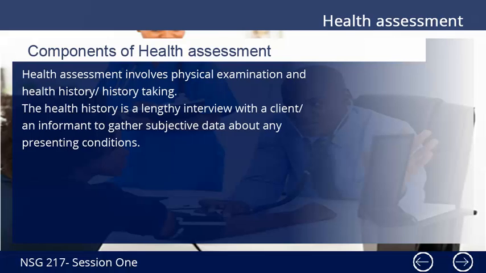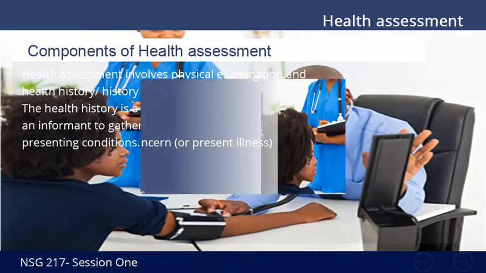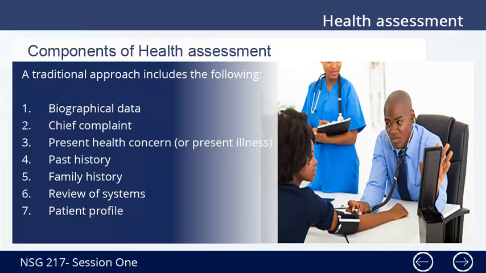When the client or patient is seen for the first time by a member of the healthcare team, the first requirement is a database, except in emergency situations. The subsequent format of obtaining data about the patient varies, but the content, regardless of format, usually addresses the same general topics. A traditional approach includes the following.